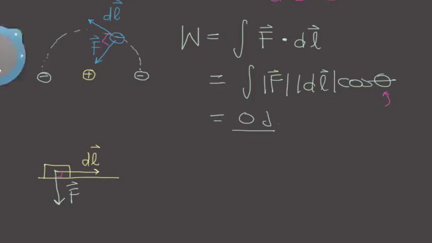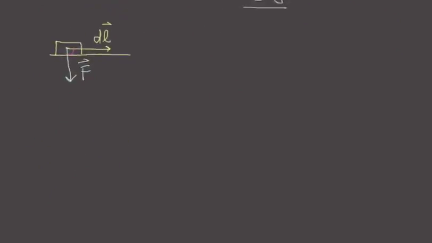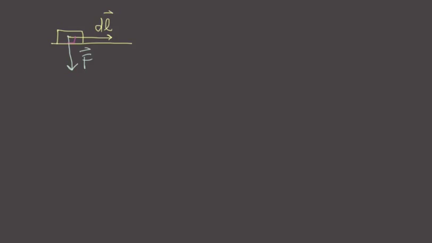And this we know intuitively, and it's really the same situation that we're dealing with now in the E and M example. Those two vectors are always perpendicular to each other, and thus the dot product gives us a work of 0.